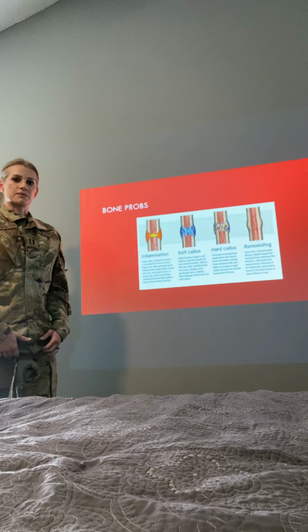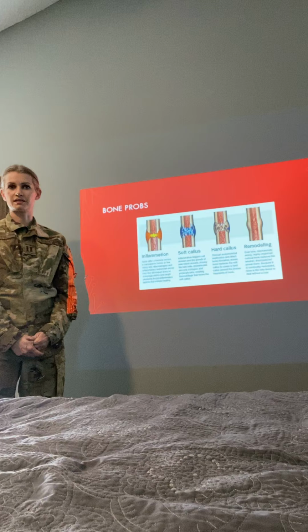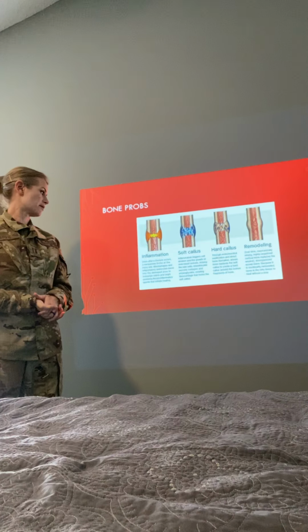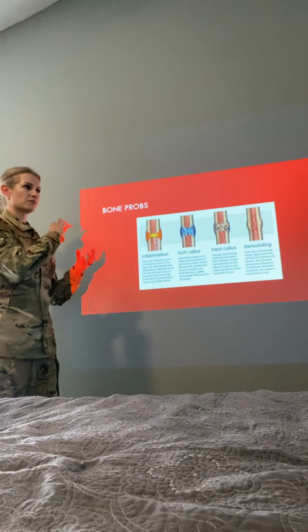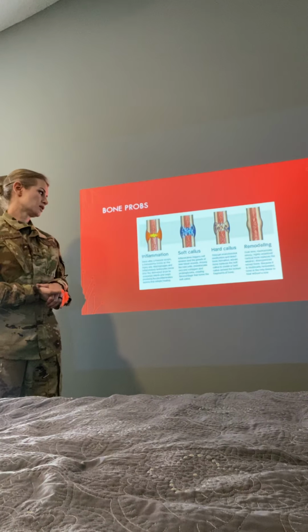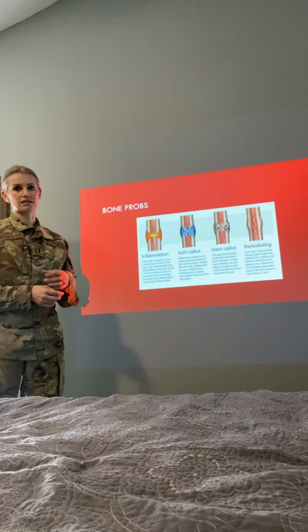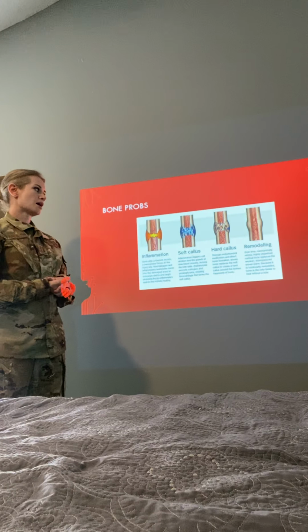So, bone problems. A common musculoskeletal process is breaking a bone. After you break a bone, your bone goes through a whole process to get back to healing. You have your inflammatory process that takes place initially after that break occurs.